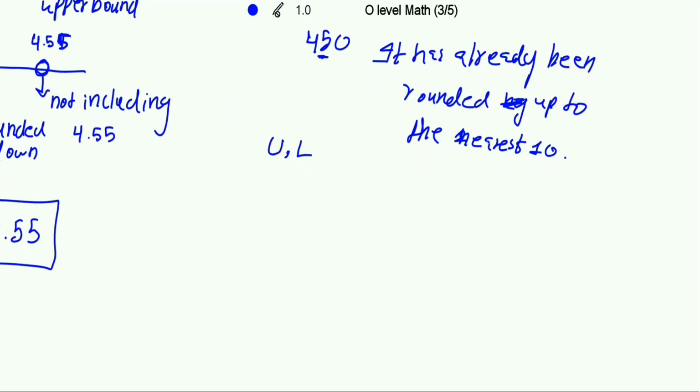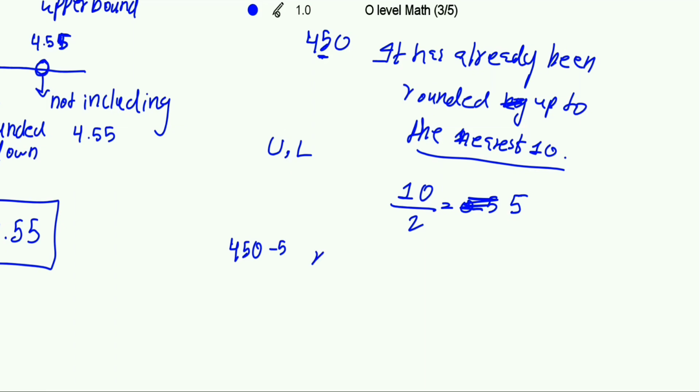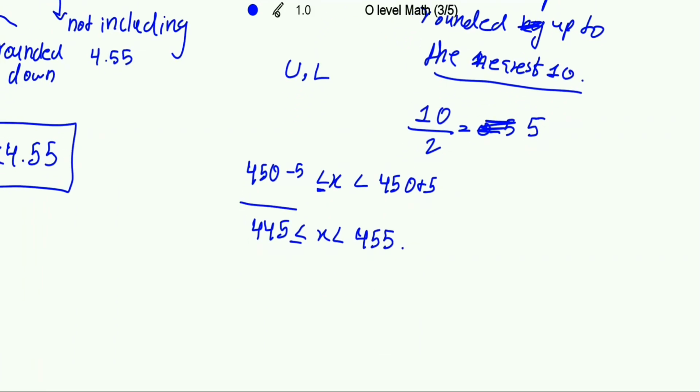Divide the degree of accuracy, which could be the nearest 10, the nearest 100, the nearest 1000, by 2, making it half. So 10 upon 2 is 5. In order to find the lower bound, we subtract 5 from 450, and in order to find the upper bound, we add this 5. So it's going to be 445 and 455. This is the inequality.